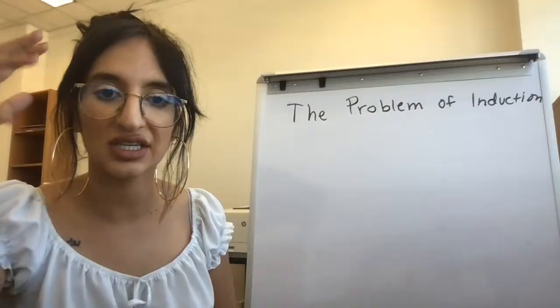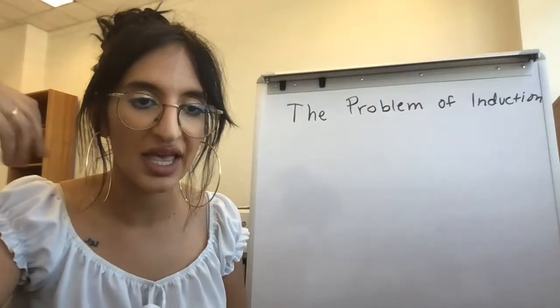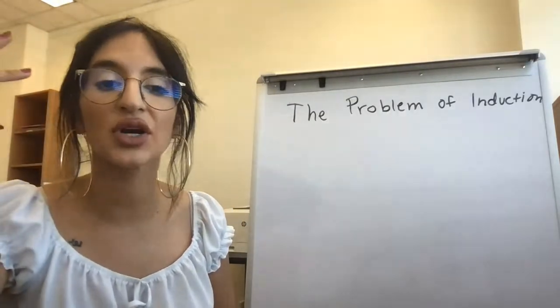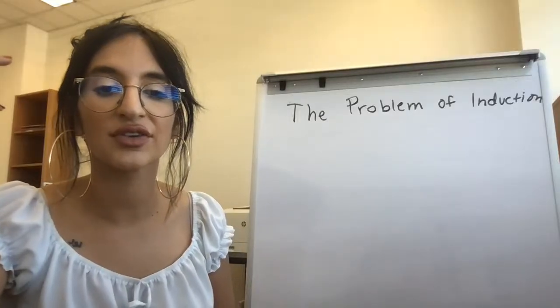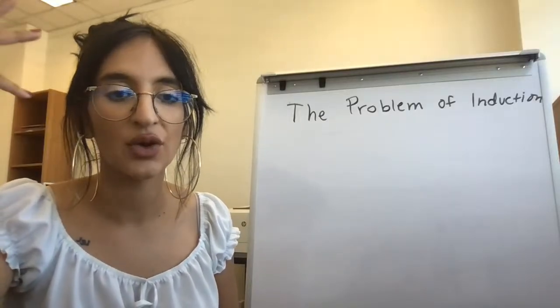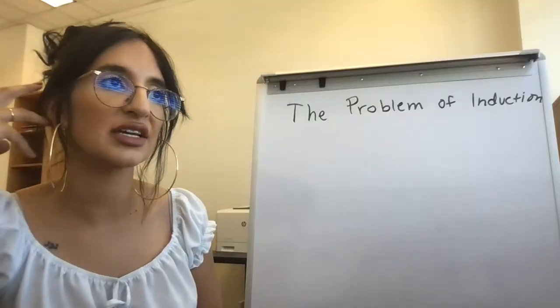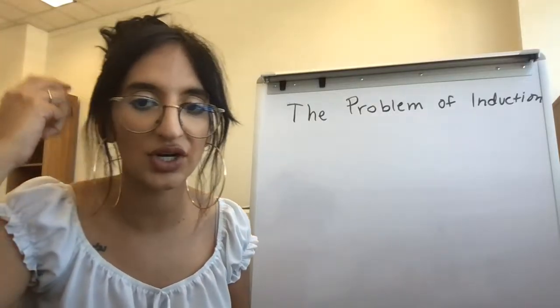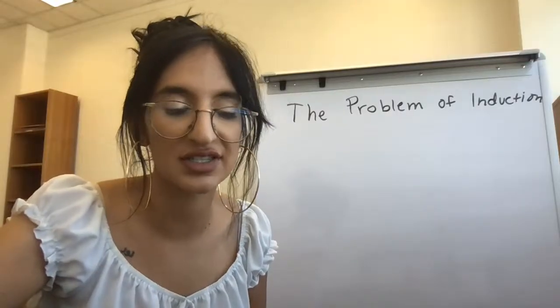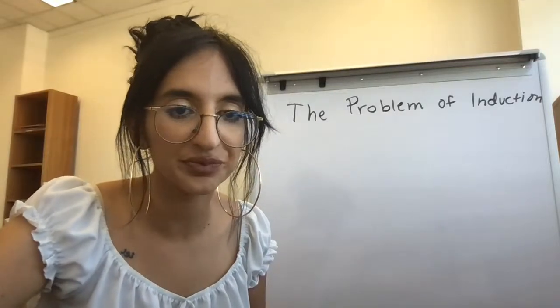So you can see he's thinking a lot about science. He writes this book, An Inquiry Concerning Human Understanding, where he tries to analyze how we get knowledge about the world. How does this science stuff work? How does this induction stuff work, etc.?